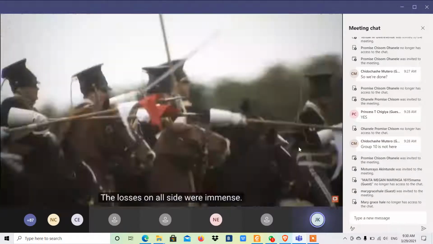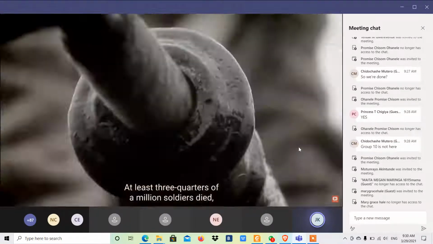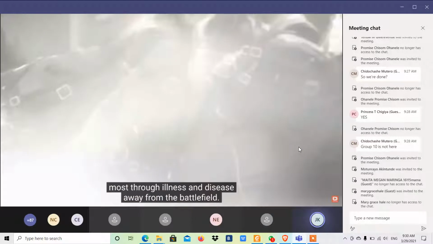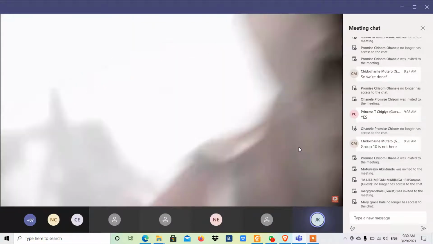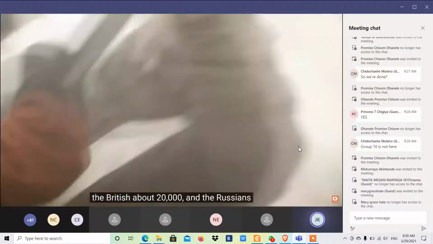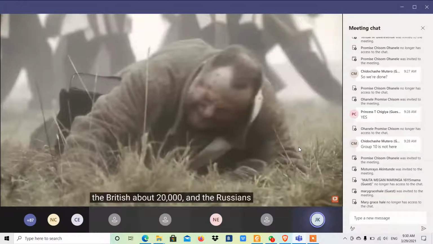The losses on all sides were immense. At least 750,000 soldiers died, most through illness and disease, away from the battlefield. The French lost around 100,000 men, the British about 20,000, and the Russians well over 500,000.